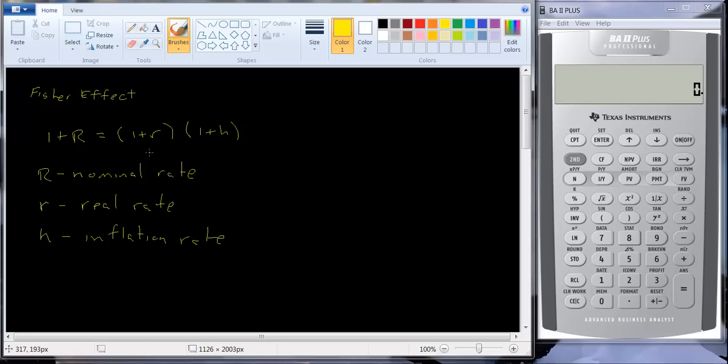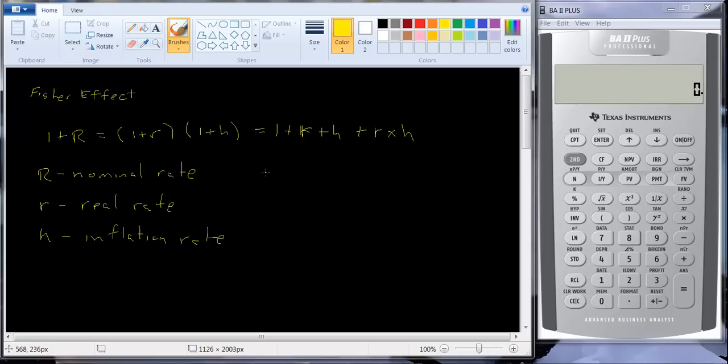If you expand this equation, if you do the multiplication, you'll get 1 times 1 is 1, and then you'll have r times 1 is r. Well, let me just do that for you. Okay, so you should have 1 plus r, and then you'd have h times 1, sorry, that's an r, plus h plus r times h.